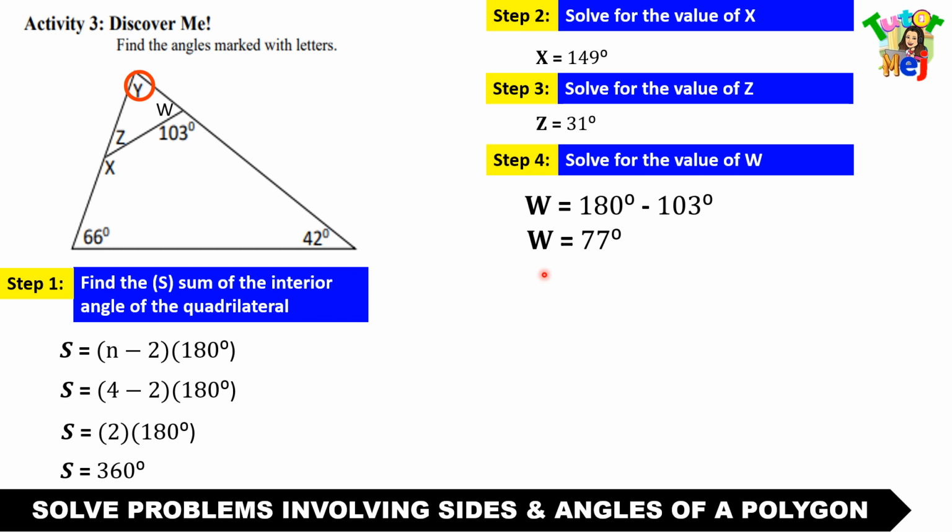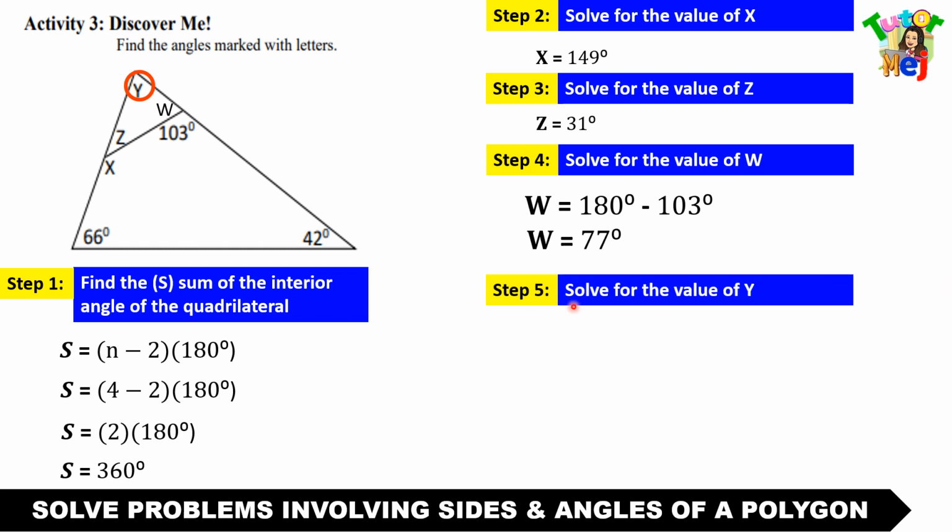Now, we can proceed with Y. So dahil alam na natin yung Z at W, take note, yung isang triangle, ang interior angle measure nito is 180 degrees. Okay, so yun ang sum measure. Kaya, pwede na nating reference yung 180 degrees in finding y. Kasi, nakita naman natin yung value ni z at ni w.